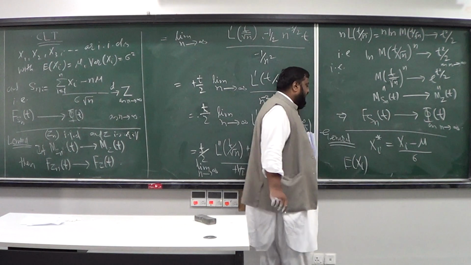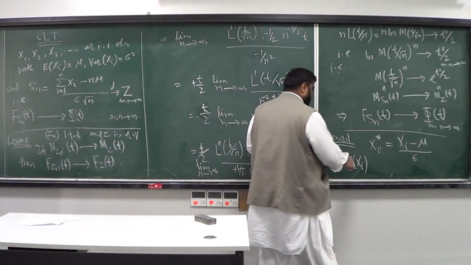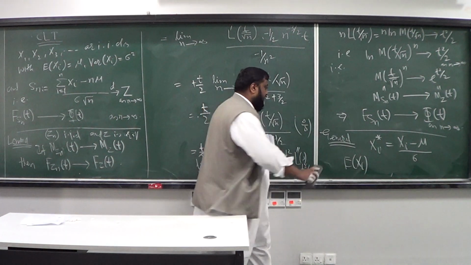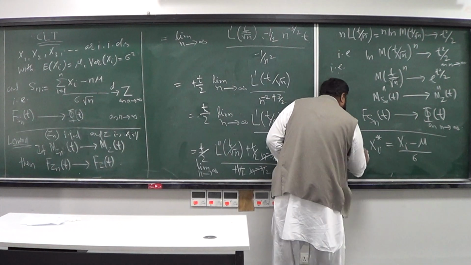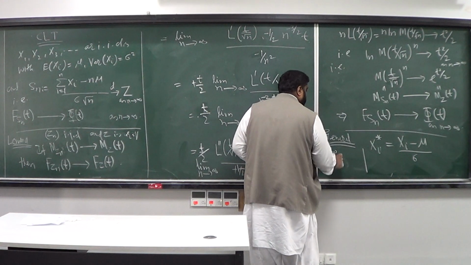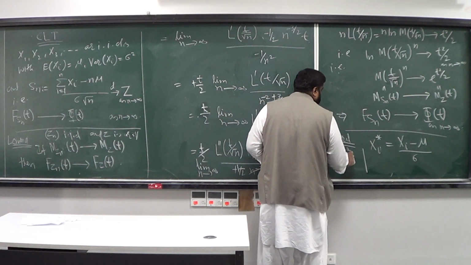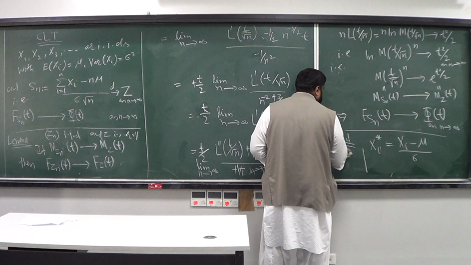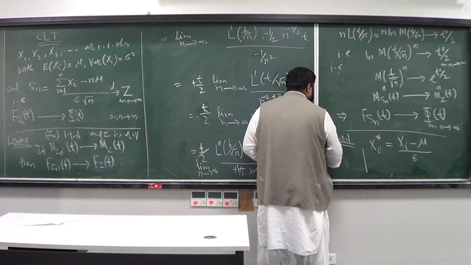By general case, I mean that now mu is not necessarily 0 and sigma squared is not necessarily 1.